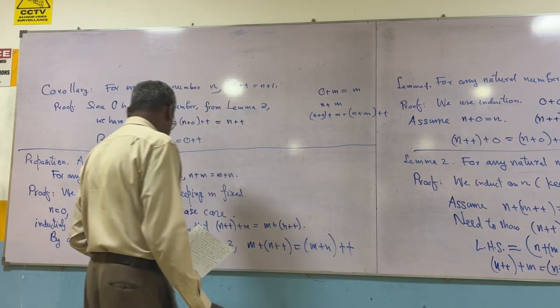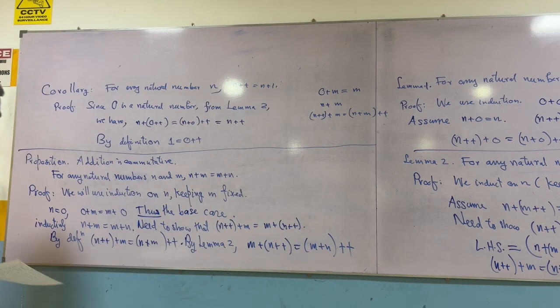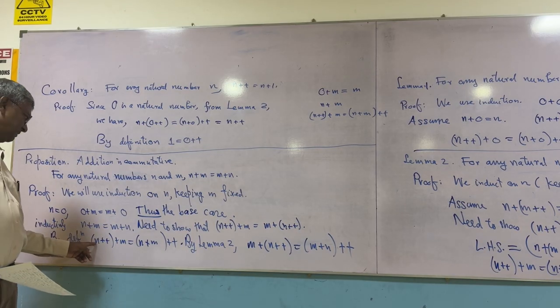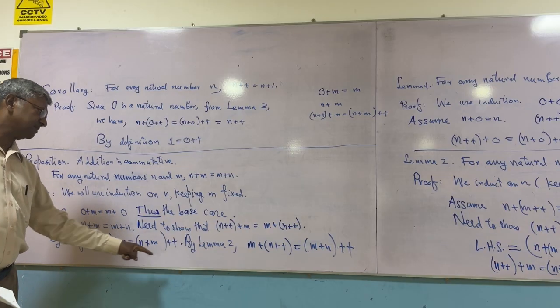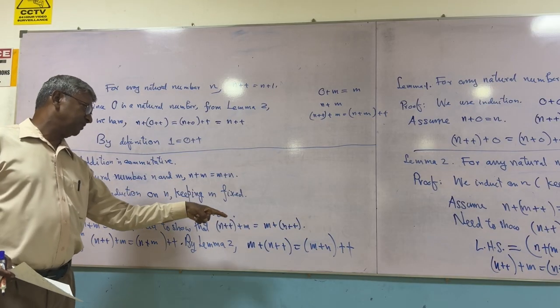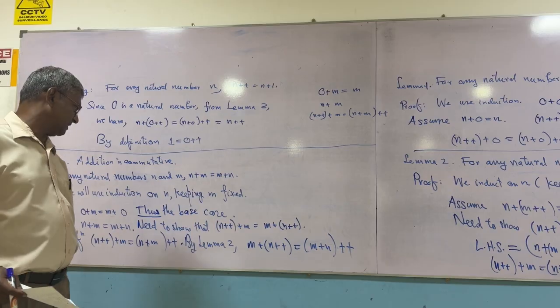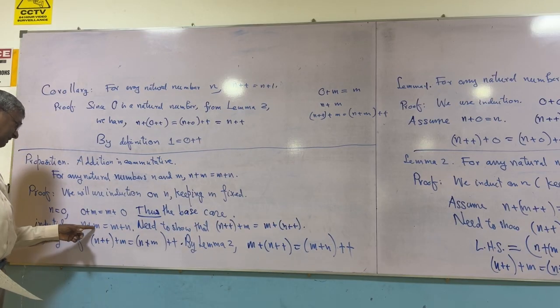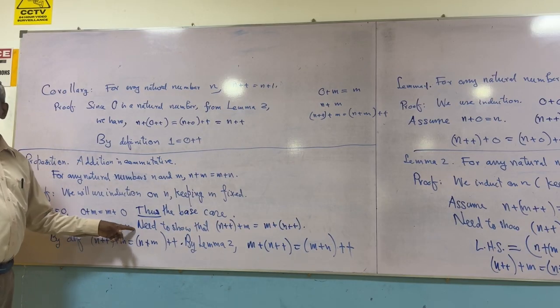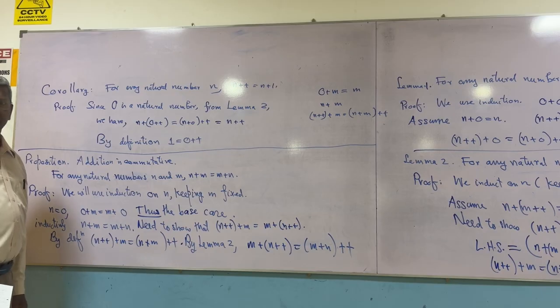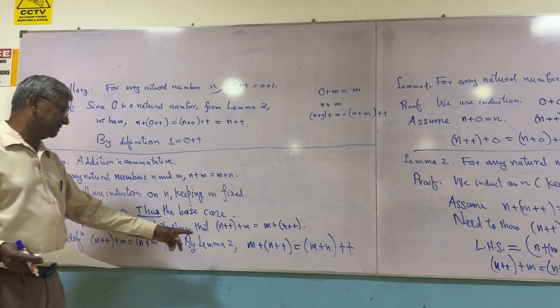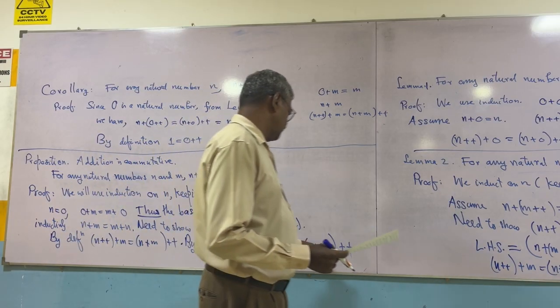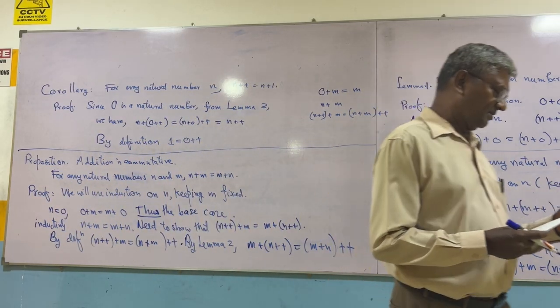Now we are done because here n plus plus m is n plus m plus plus and m plus n plus plus is m plus n plus plus. However, by inductive hypothesis, n plus m is equal to m plus n. These two are the same by inductive hypothesis. So we are done with that.